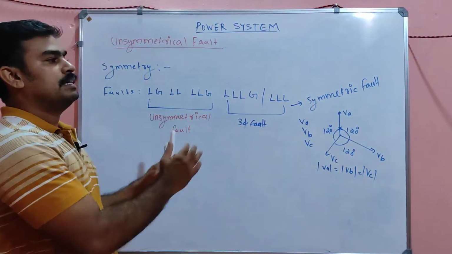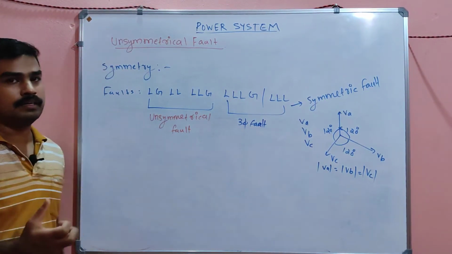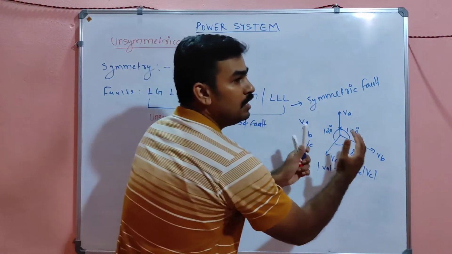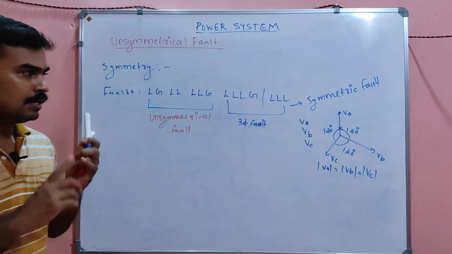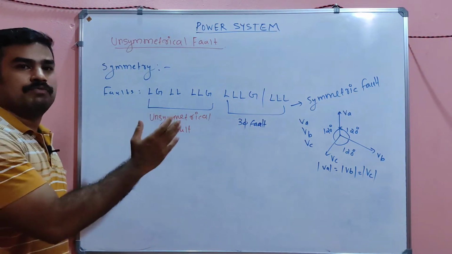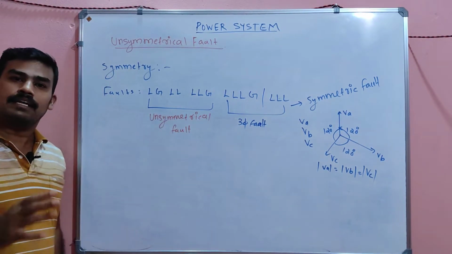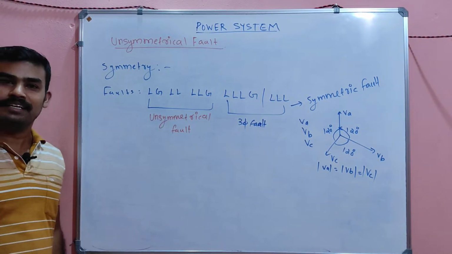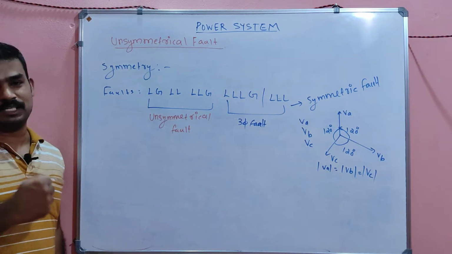So what does symmetrical fault mean, my dear? Even after the fault, the system will be in balanced condition. That means the magnitude of the voltage doesn't change after the fault, and the phase angle between the three voltages again keeps a 120-degree phase difference with respect to each of the three phases.